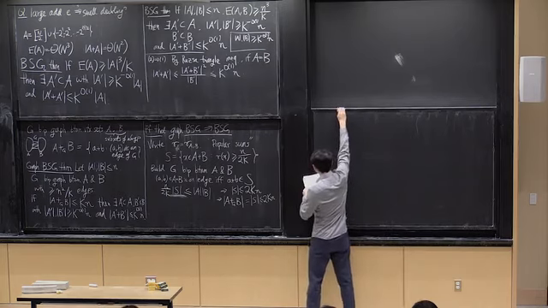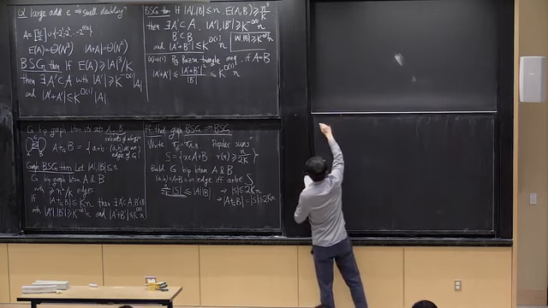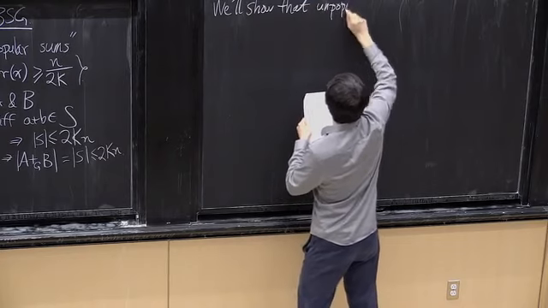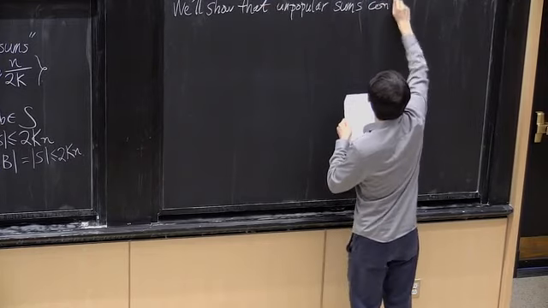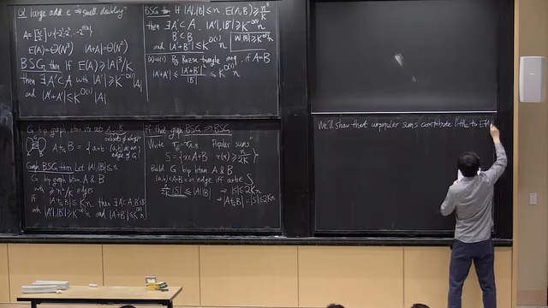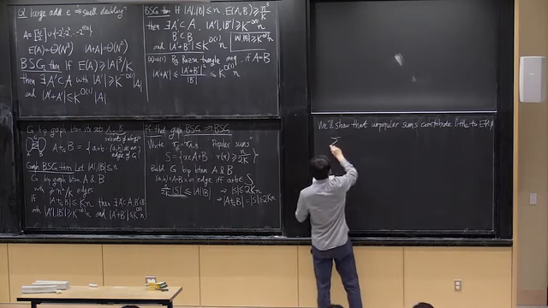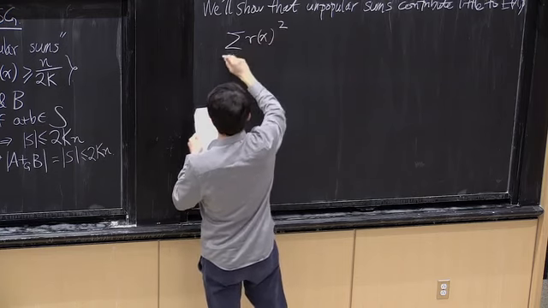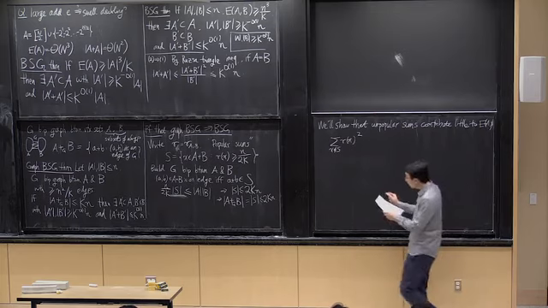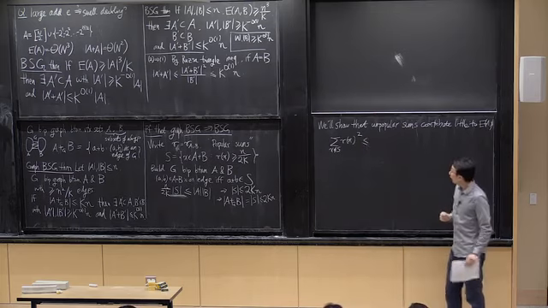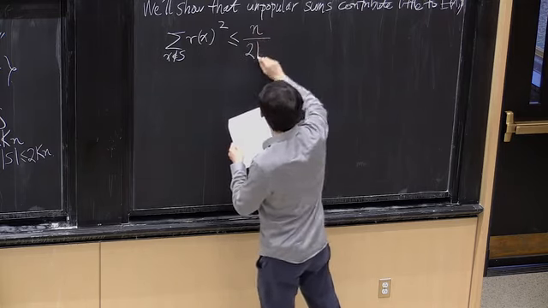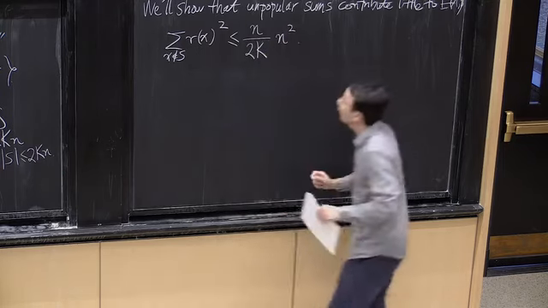Okay, so let's lower bound the number of edges of G by first showing that the unpopular sums contribute very little to the additive energy between A and B. Indeed, the sum of the squares of the R's for x not in popular sums is upper bounded, I claim, by the following quantity, n over 2k times n squared.